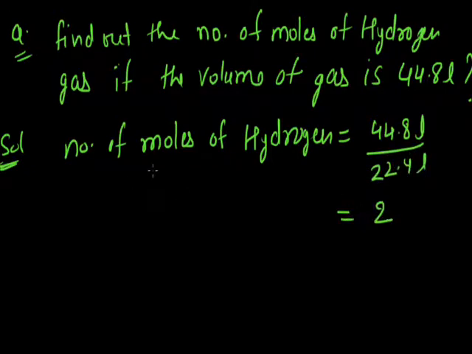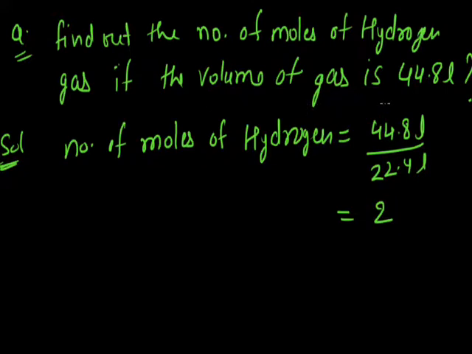So we can say that number of moles of gas does not depend on the nature of gas, it is a constant value for a constant quantity. So we can say that the number of moles does not depend on the nature of gas, it only depends on the volume of gas.